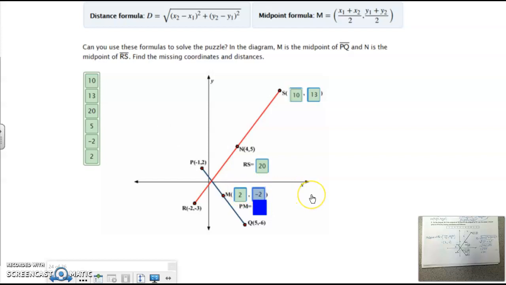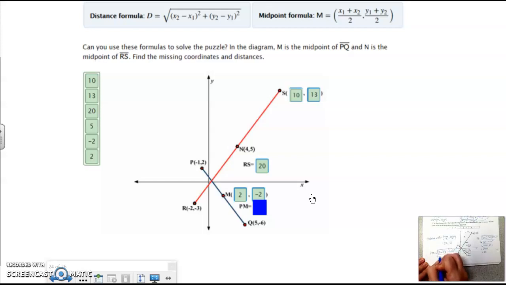And then you could do what we did before with RS. You can find the distance and then take half. Or now that you know M, you can just find the distance from P to M. So I'm going to just find PM. And then I'm going to subtract, so 2 minus negative 1, which is 2 plus 1 squared, plus negative 2 minus 2 squared.